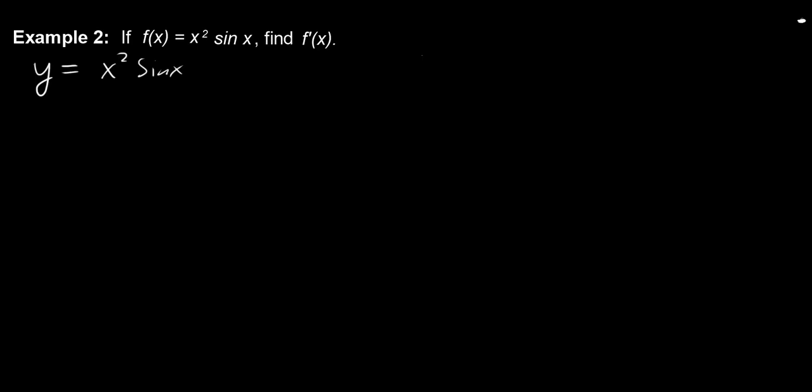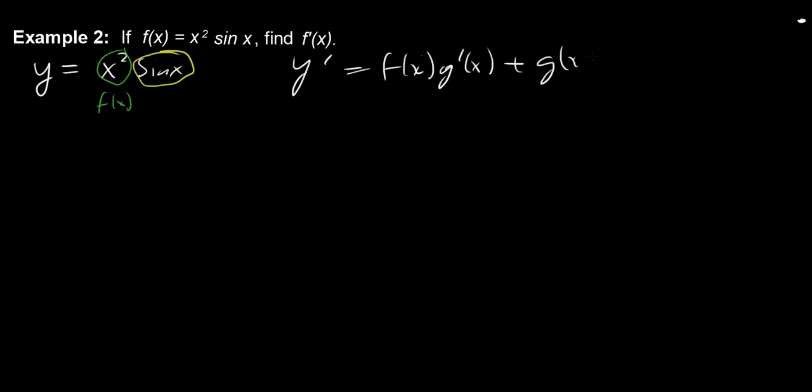And then I'm going to define x squared as my f of x and sine of x as my g of x. And once again, I'm going to use the product rule. I'm going to say that y prime is f times g prime plus g times f prime. And I'm going to fill in those blanks.